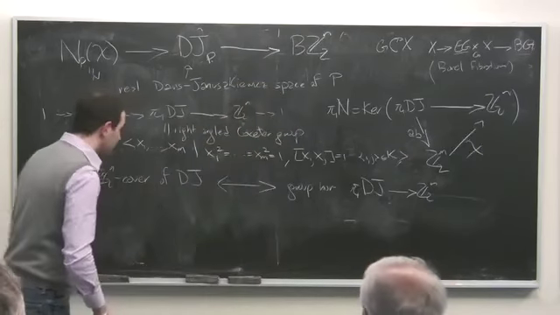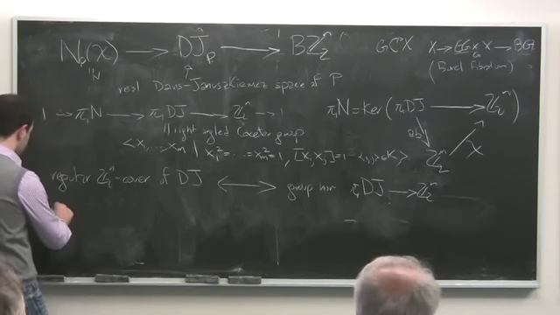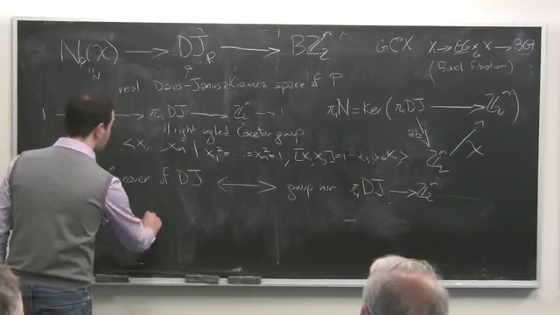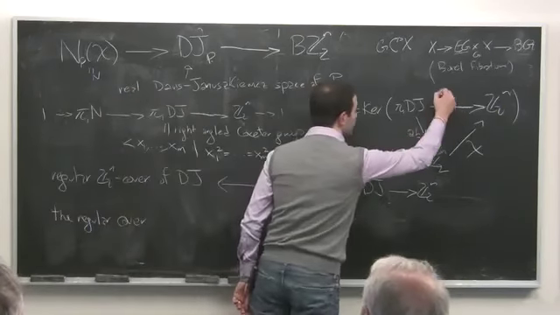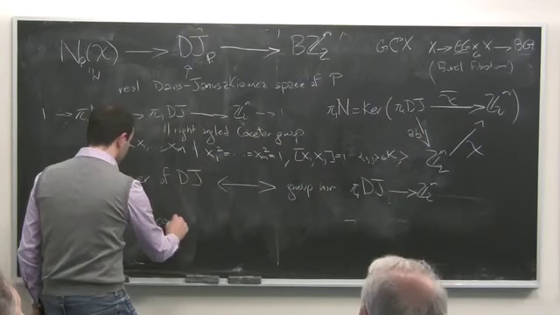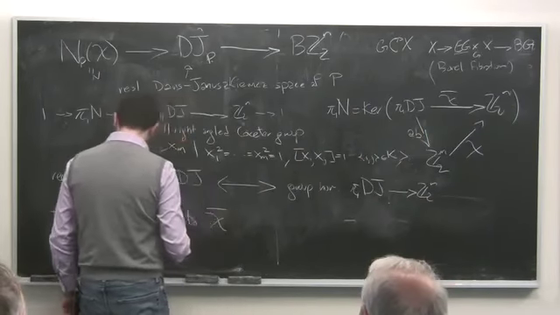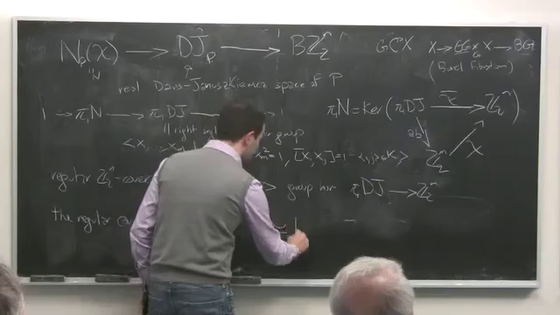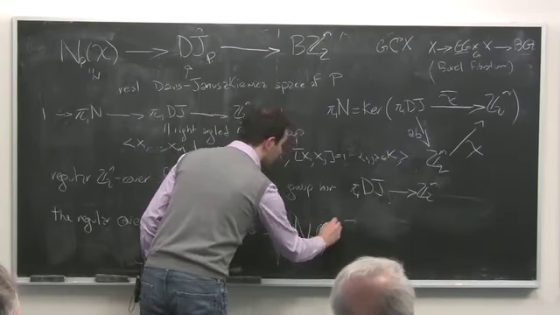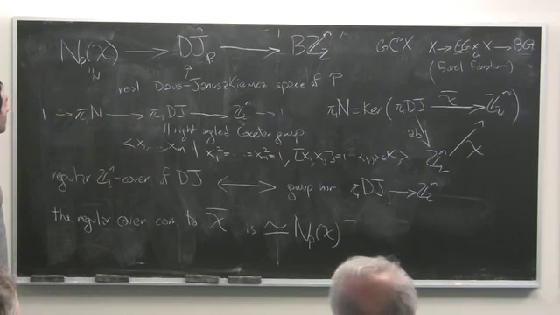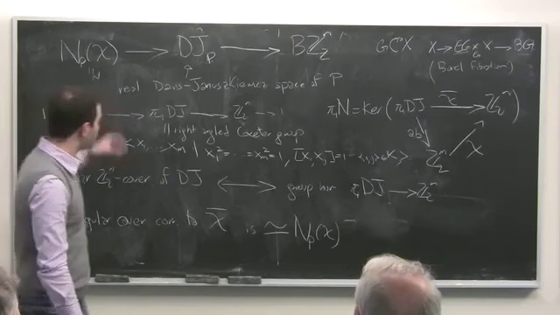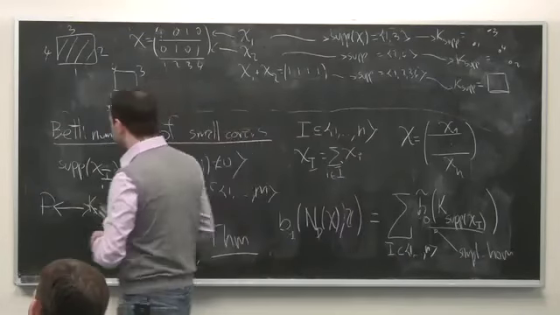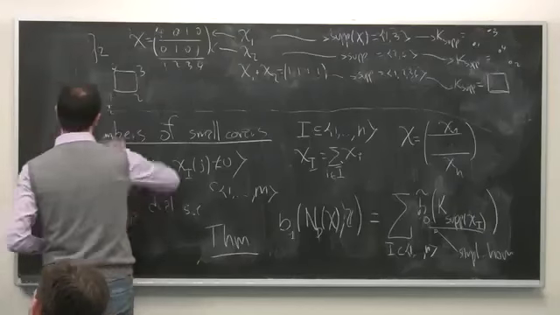By working a little bit, it turns out that the regular cover corresponding to this map, which I'll call chi bar, is not too hard to show to be homotopy equivalent to our original real quasi-toric manifold. So we identified this real quasi-toric manifold with a regular cover of the base space.